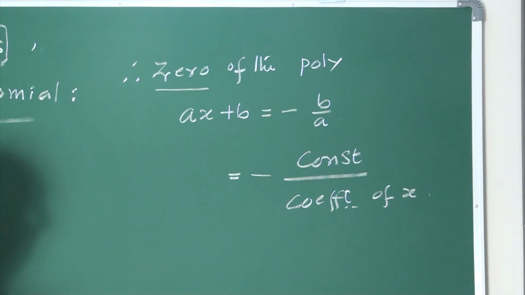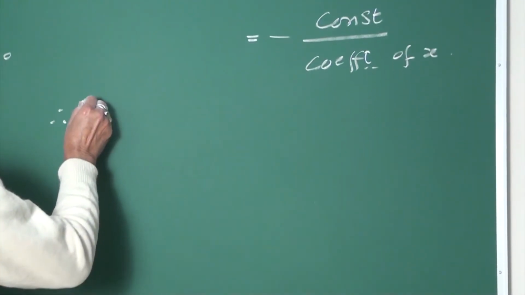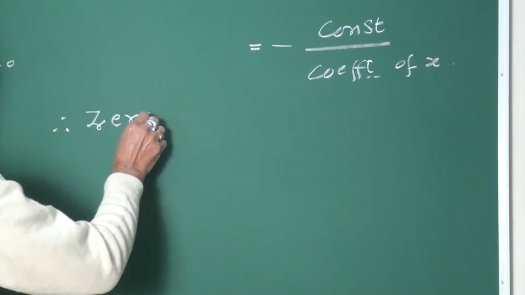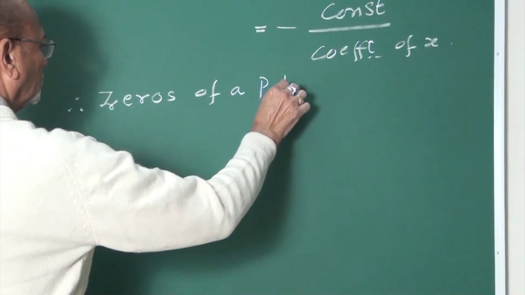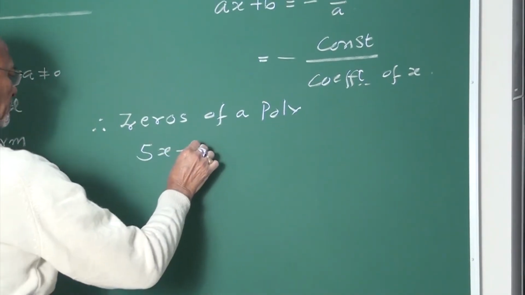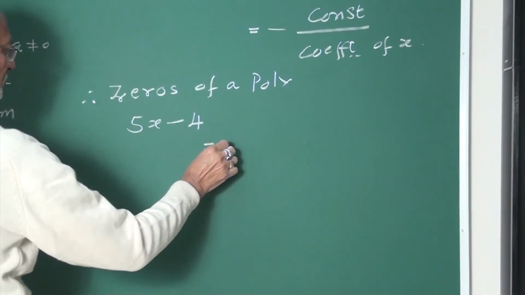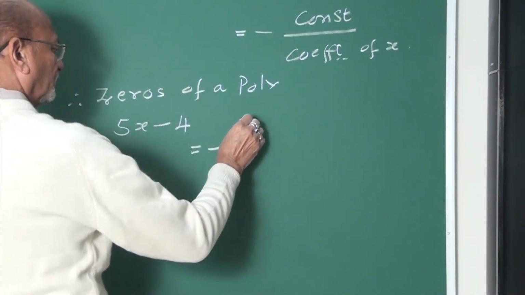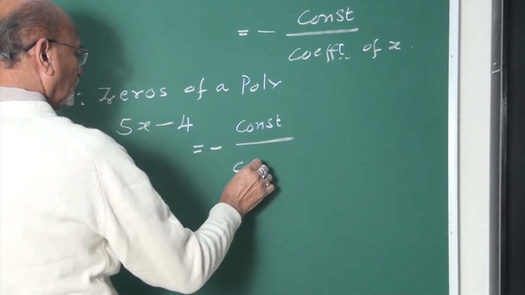Therefore, if you take any particular case, my friend, the zero of the polynomial 5x minus 4, which is a linear polynomial, is equal to minus, write it first, the constant term upon the coefficient of x.